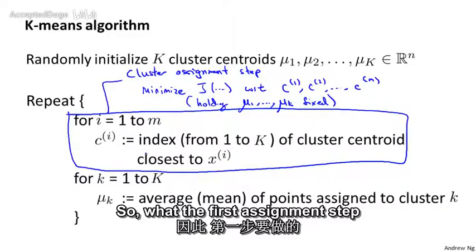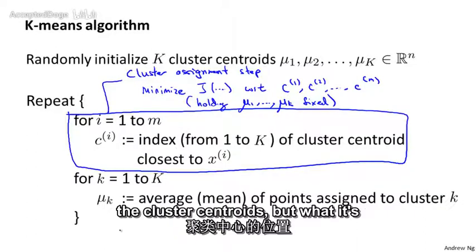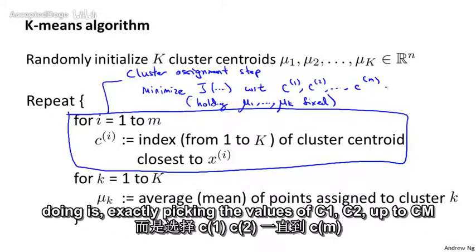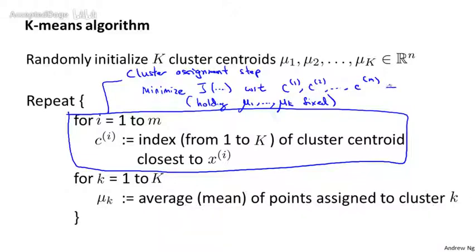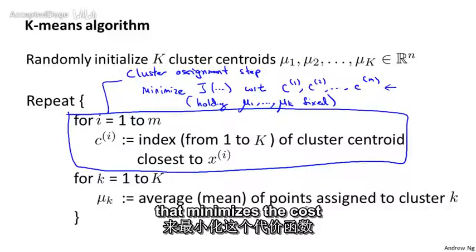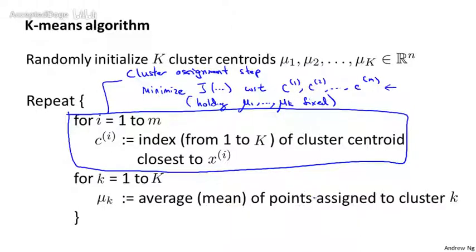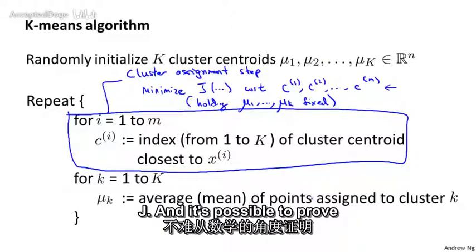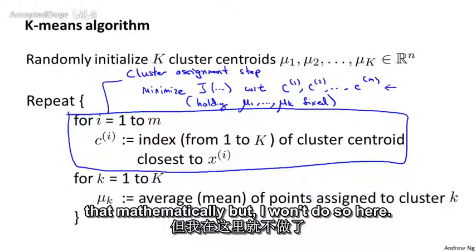So the cluster assignment step doesn't change the cluster centroids, but it exactly picks the values of c^(1), c^(2) up to c^(m) that minimize the cost function or the distortion function J. It's possible to prove that mathematically, but I won't do so here.